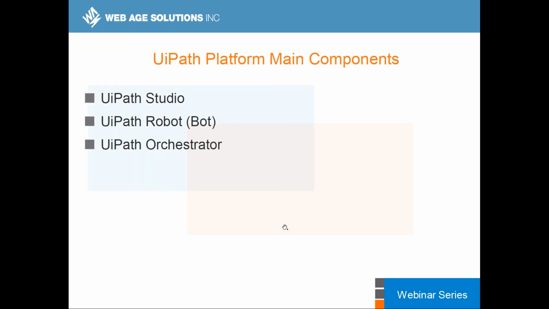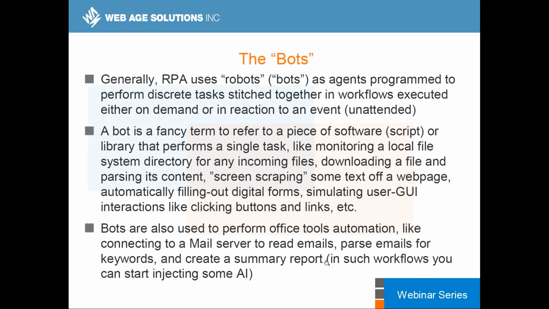So our main components are Studio and UI robots. It's just that smart agent, which is a process, kind of a Lambda function, if you will, which performs a specific operation. And UiPath Orchestrator, which is a cloud-based solution, which allows you to orchestrate complicated solutions.